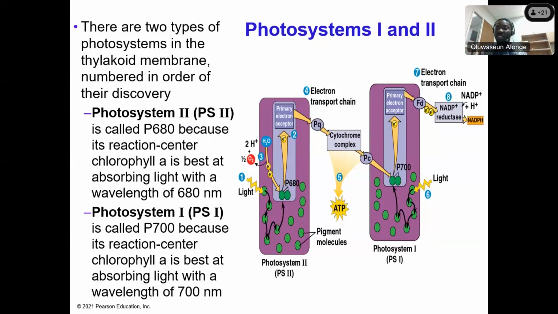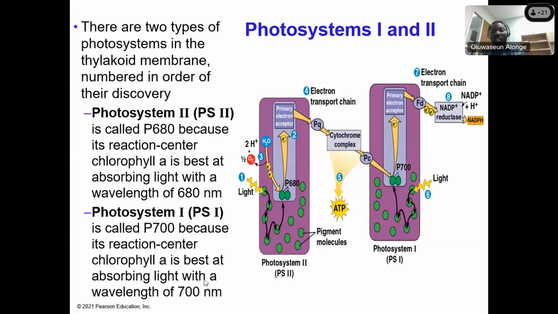So when PS2 was discovered, then the second one discovered was PS1. That's why the numbers are alternated. You would expect that it should be PS1 first, then PS2. No, it is PS2 first, then PS1, because this was the photosystem that was discovered first. Then the second was later discovered, which is 1.